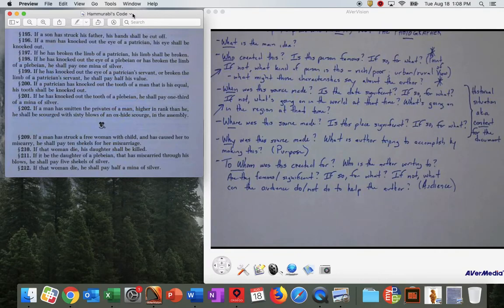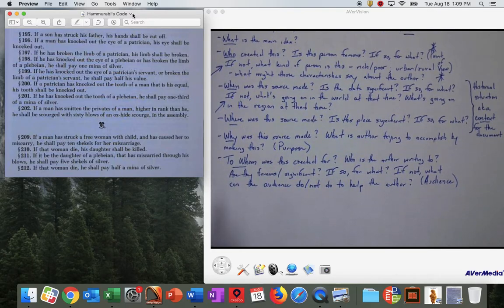So at this point, you should have read the source, and we'll work through these questions to get a better idea of what Hammurabi's code is all about. Every source that you see will have a line of attribution. It'll tell you a little bit of background information about the source so that you have enough to go on to build your inferences. So this is Hammurabi's code.